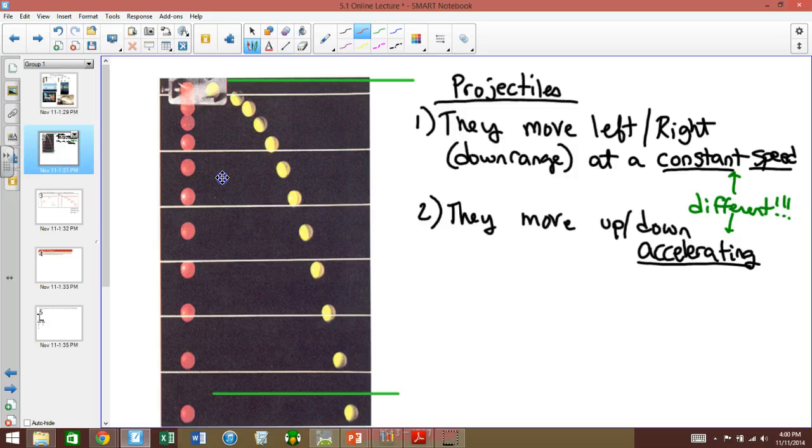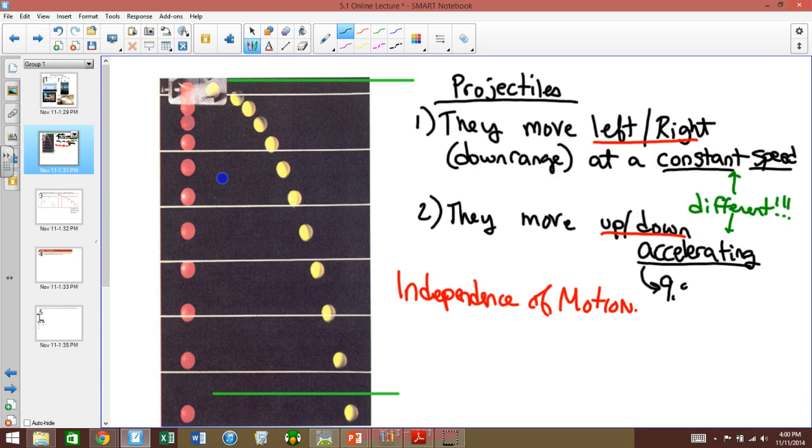We call this sometimes the independence of motion. Meaning that it moves left and right completely independent of how it moves up and down. And this acceleration, you may have guessed, is 9.80 meters per second squared. And this constant speed is whatever it's fired at.